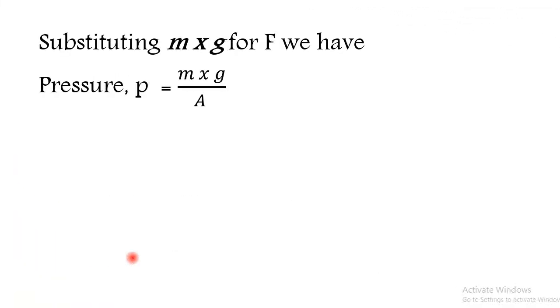So the formula becomes m times g over A.